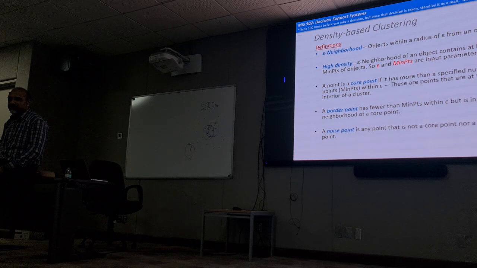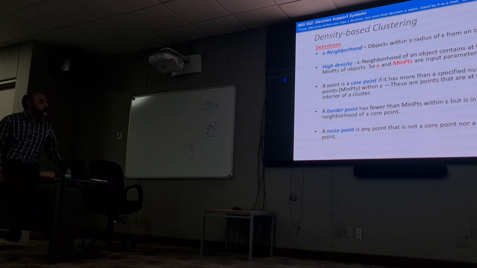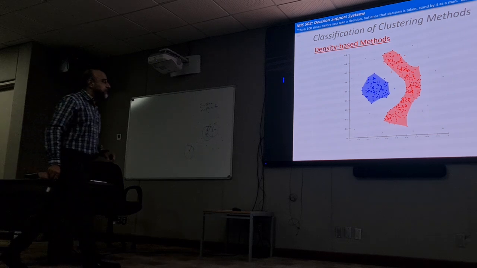So that's called a border point. The core point is the middle point, deep into the dense region. Can you please go back to the previous figure? I'm going to show you more examples and we'll be able to see this better.